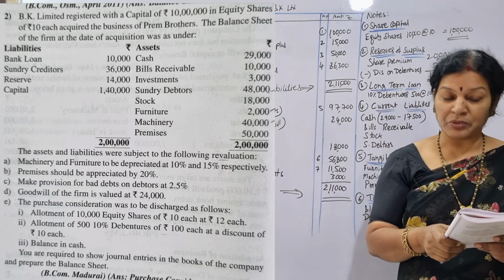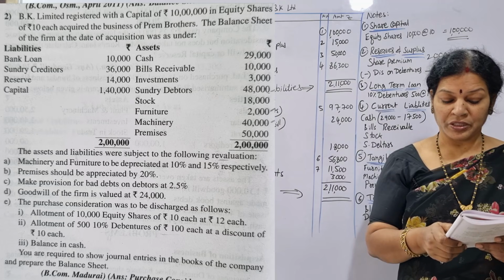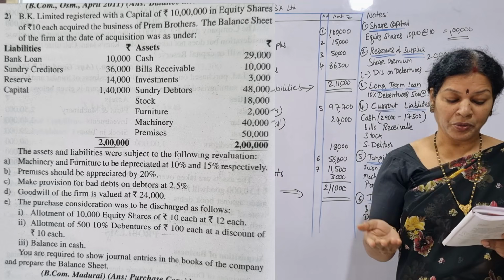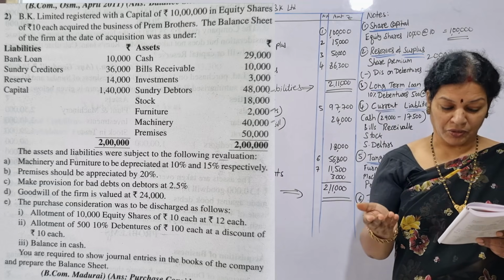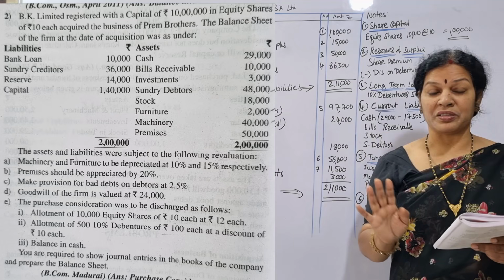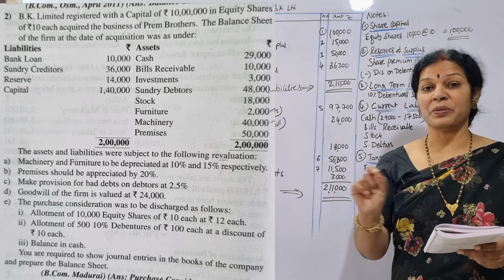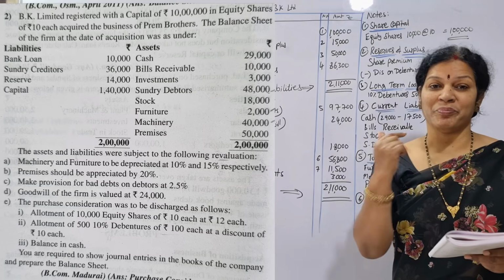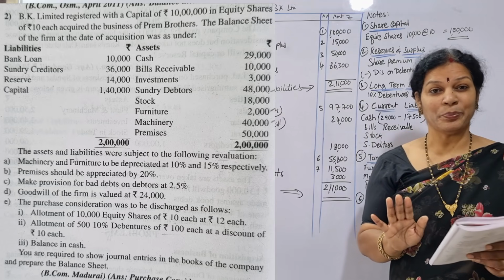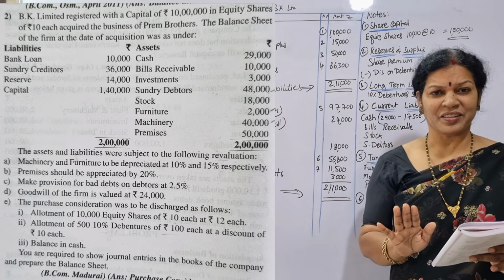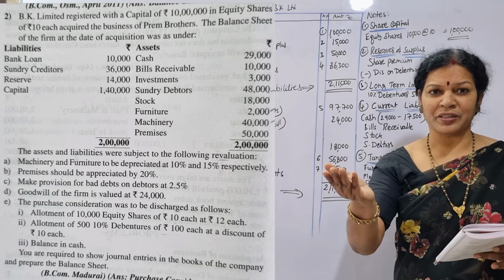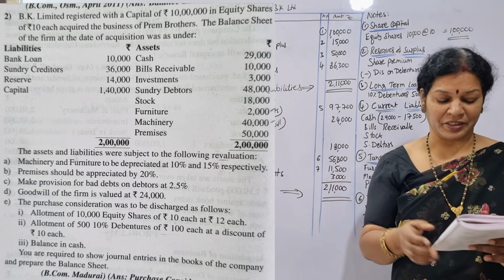Allotment of 10,000 equity shares of 10 rupees each at 12 rupees each. 12 rupees minus 10 rupees is the difference, that is premium. Here premium is hidden, they are not saying it, it is understood. Share value is 10 rupees but they are paying at 12 rupees, means with premium.